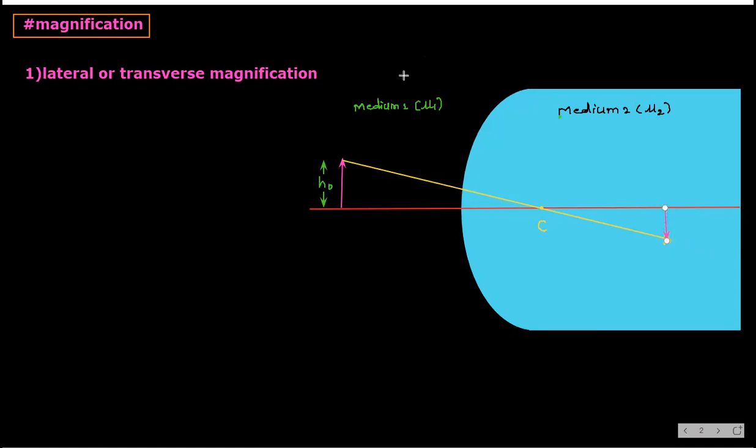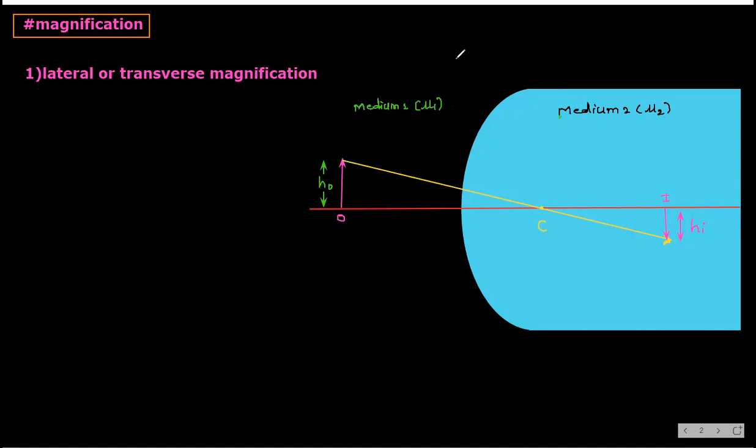This is the image of that object, and here I am writing I. And here you can write O. O means object, I means image, and the height of this image is hi, height of image. Ho, hi.